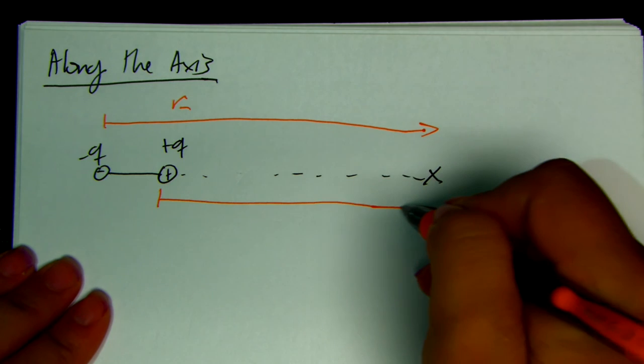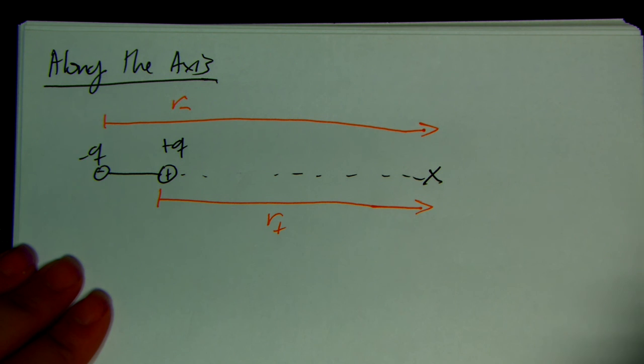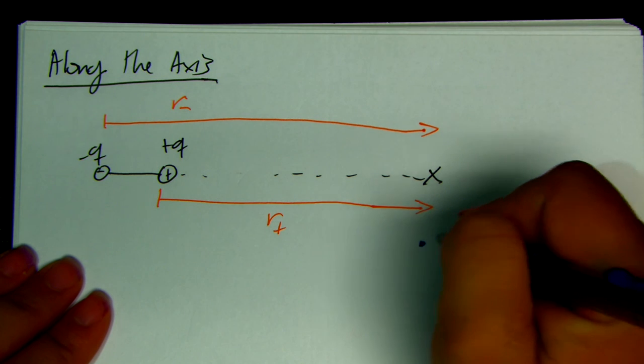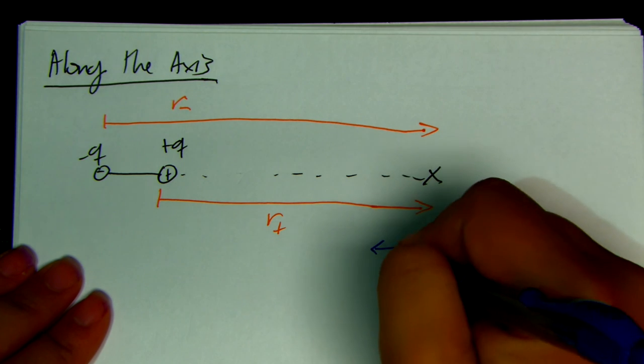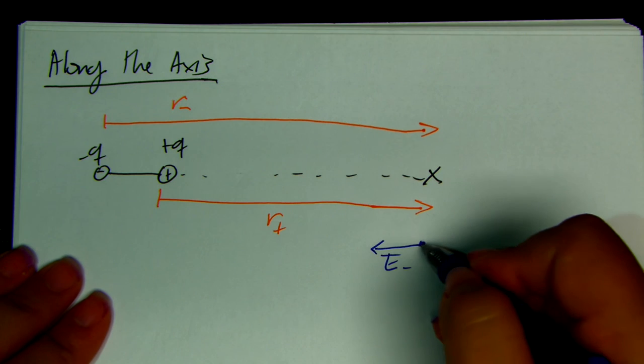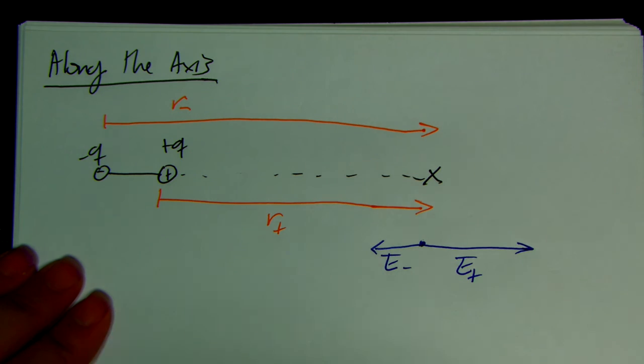Then we're going to have our positive vector from the positive charge. And each one of these will, of course, contribute a field. So a minus charge is going to point towards the charge. So we're going to have a smaller electric field from the negative charge, and the positive charge is closer. So we're going to have another electric field that's a little bit larger at this location, pointing away from the positive charge.